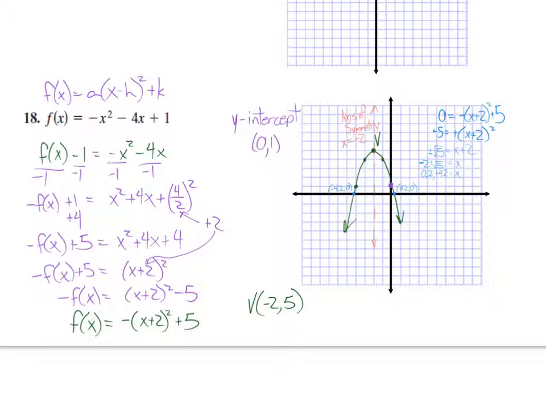Now, one thing I will point out here, this is something that is worth memorizing, okay? Because sometimes we don't necessarily have to graph the entire thing. All we want really is the vertex. So going through the whole process of getting it into vertex form isn't absolutely necessary, okay? So one thing that can be useful to remember is that the h, when we're given the equation in this standard form, h is negative b over 2a.